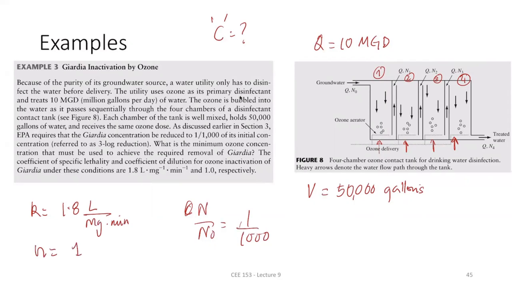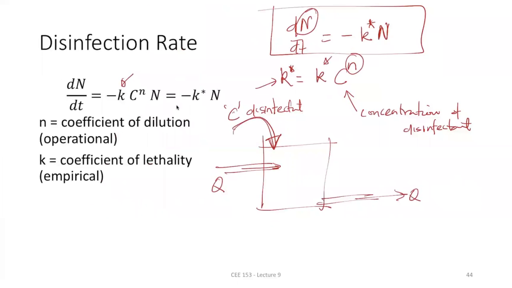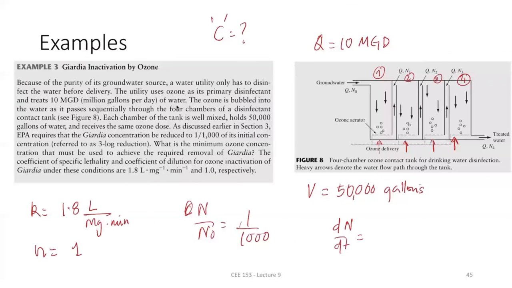That means there is no dilution there. So dN by dt equals minus K C^n N, so I'll write K C^n equal to 1 times N. This is one constant, so that you can write K star.